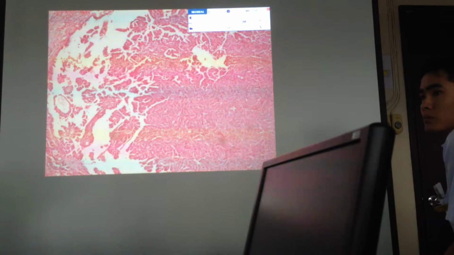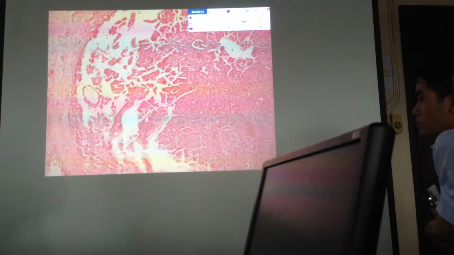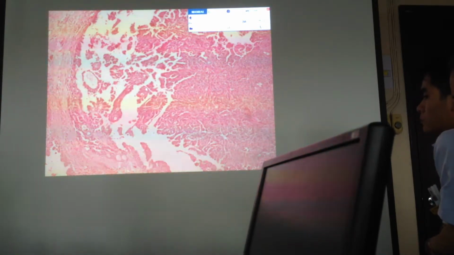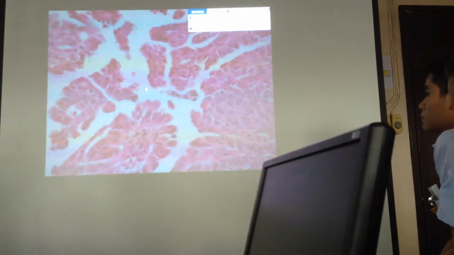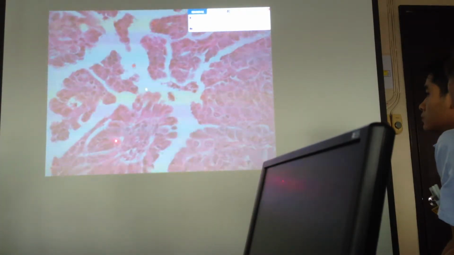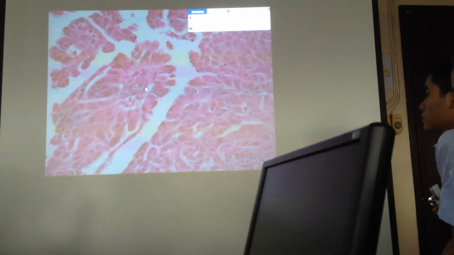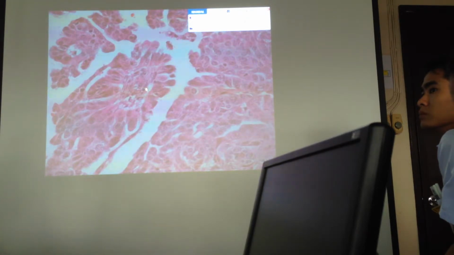For borderline, there would be a stratification of the cells, like this, and then you also have variation in the size of the nucleus. But the differentiating factor between borderline tumor and malignant tumor would lie in stromal invasion. So stromal invasion is very important.